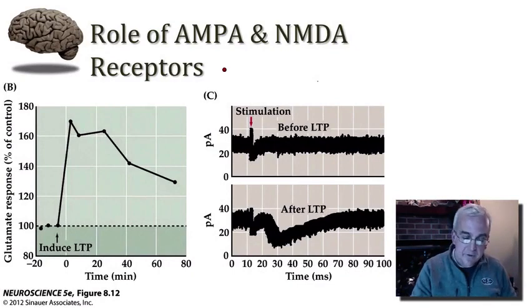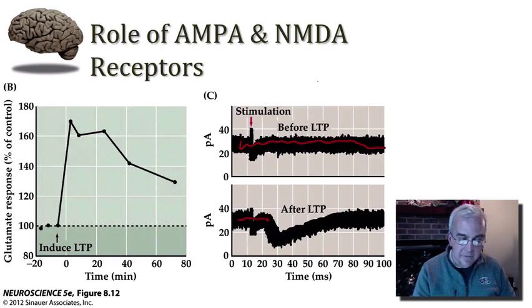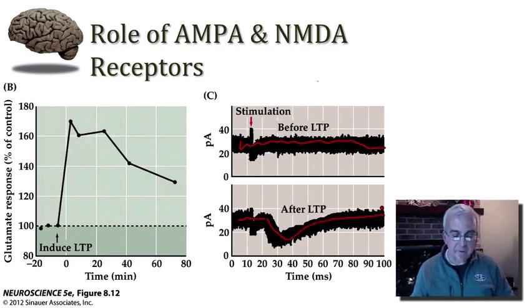Here's another picture of what this might look like. Before long-term potentiation, stimulation of an input might lead to very little postsynaptic current, but after long-term potentiation, the same stimulus might lead to a significant inward current recorded at that synaptic junction. And this suggests that there has been the insertion of new AMPA receptors, possibly even the generation of a new synaptic connection between the presynaptic element and the postsynaptic dendrite.